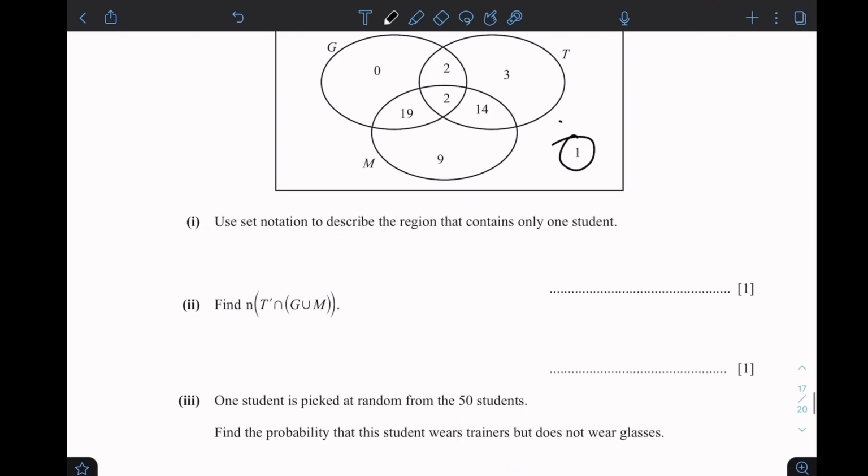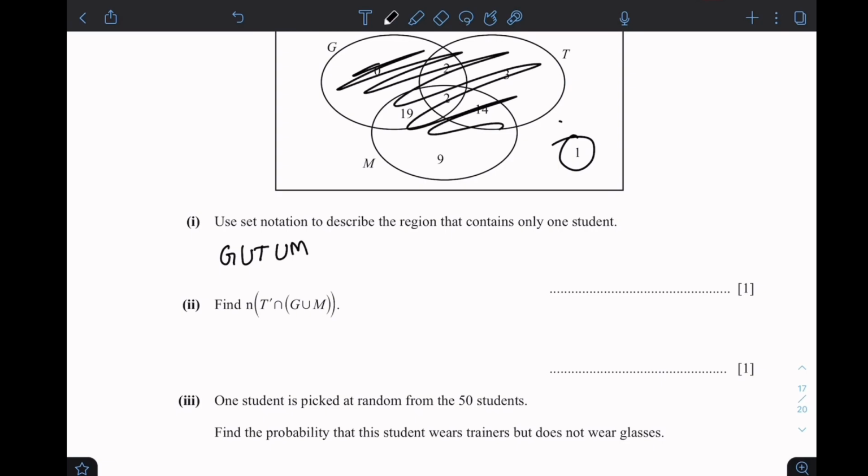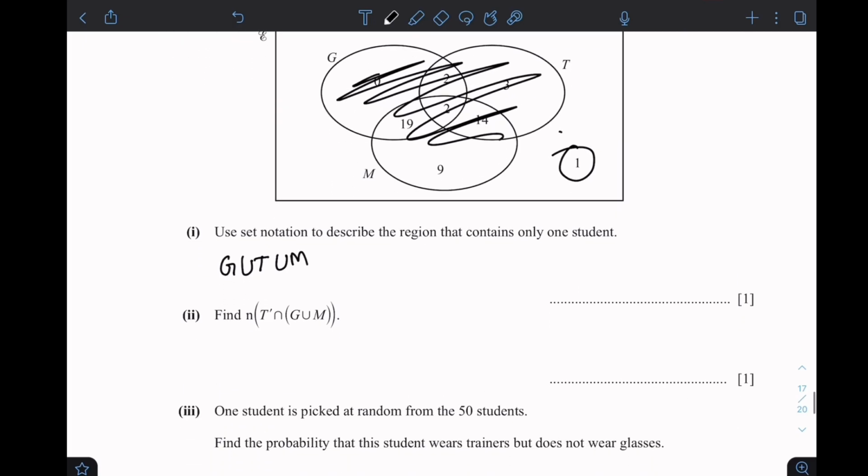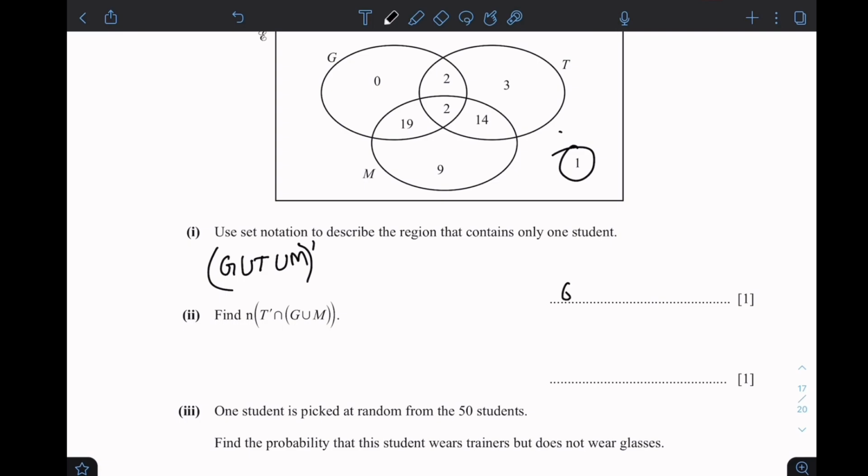So you know G union T union M, that means if you shade this, it will be everything inside. But we do not want that. We want the opposite of that, everything outside that region. So you put that in parentheses and put an apostrophe, which indicates the opposite. So (G union T union M)'.